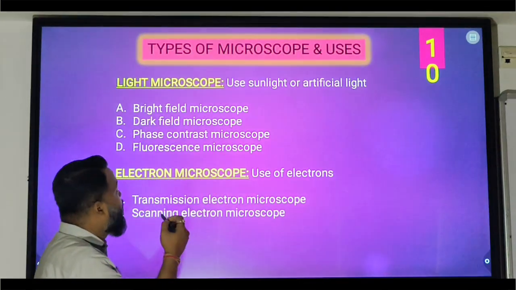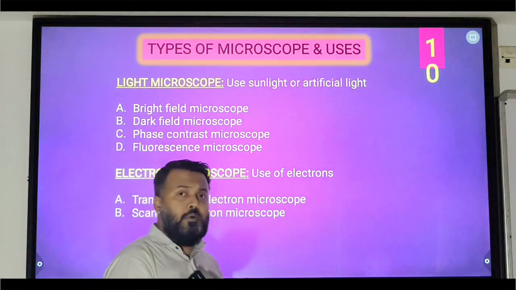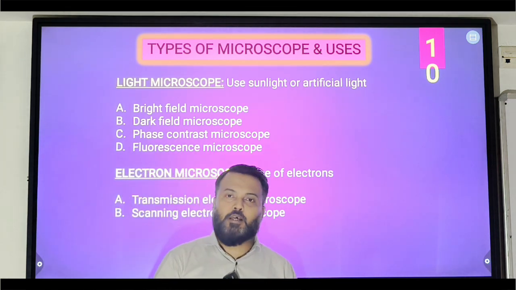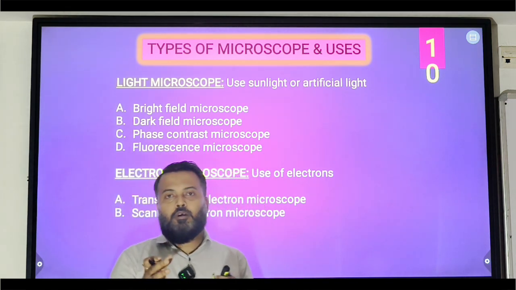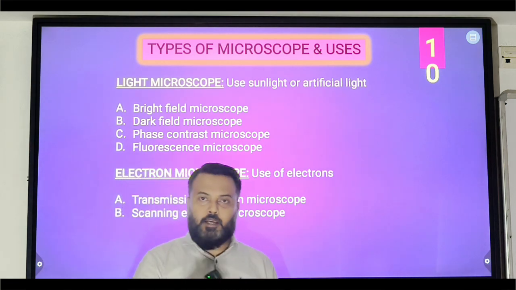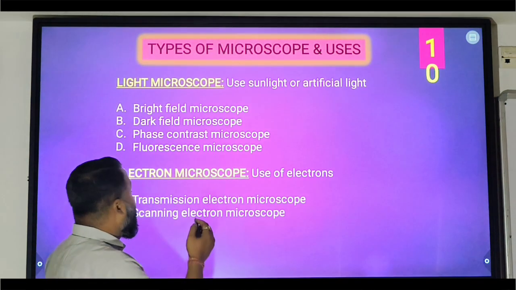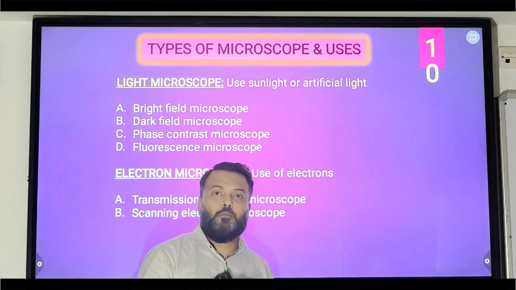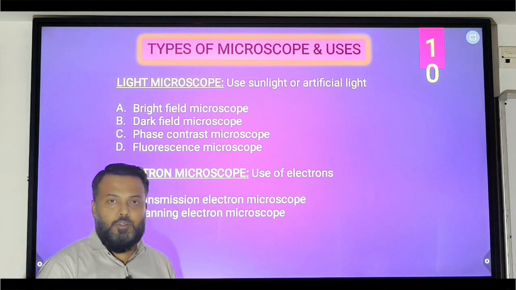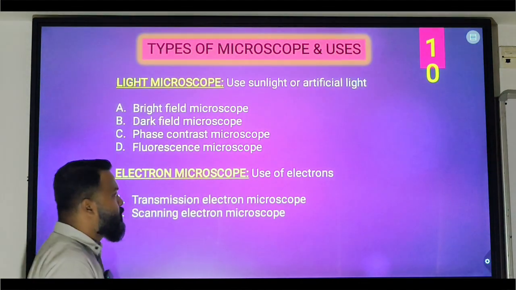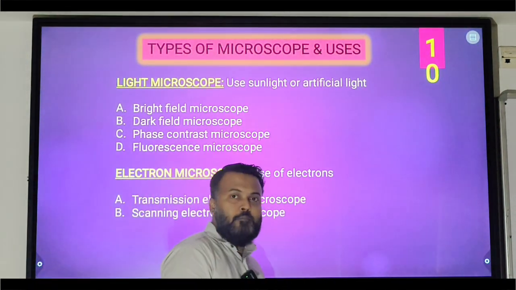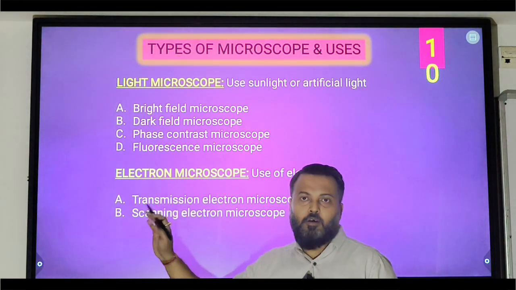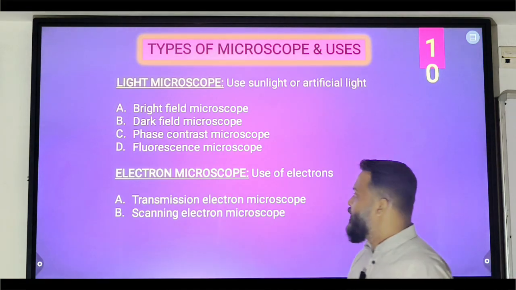There are certain microscopes, like simple microscopes, where you might have already used it in your previous classes, where you might have focused the light through sunlight, right? So here we will be discussing different microscopes which use light as the source, and the second one is the electron microscope, which uses electrons. So this electron microscope never uses sunlight or any kind of artificial light. Remember this.